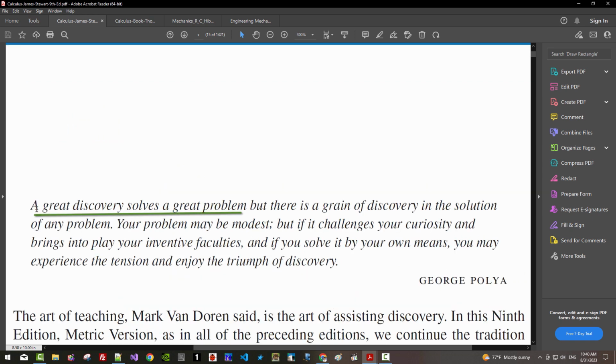A great discovery solves a great problem, but there is a grain of discovery in the solution of any problem.